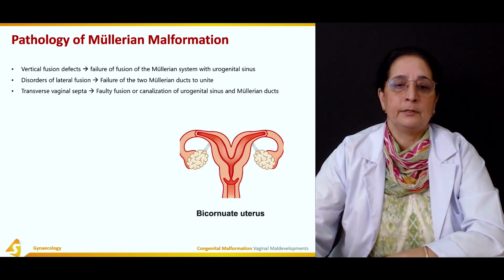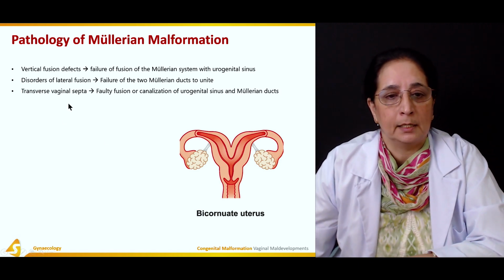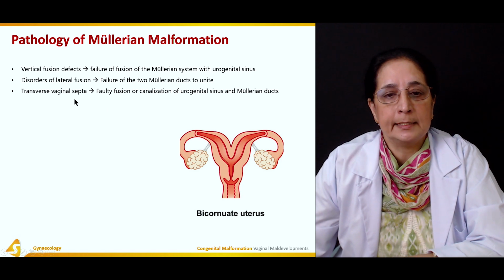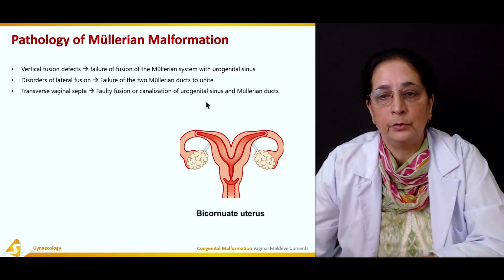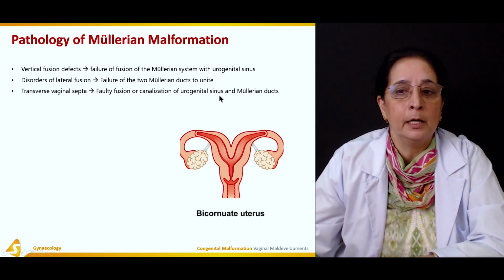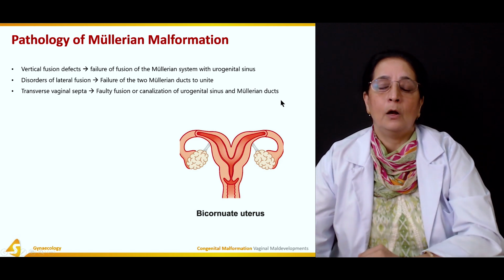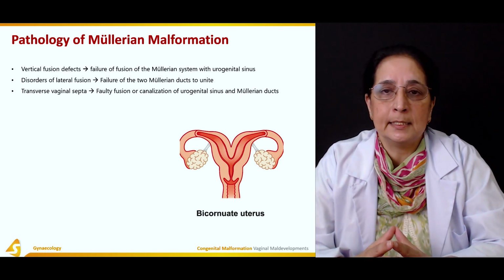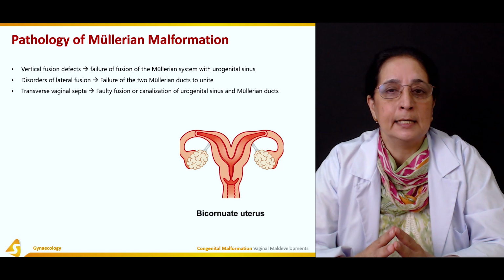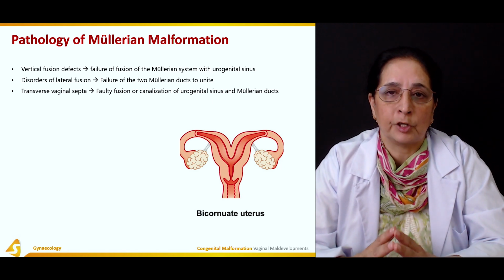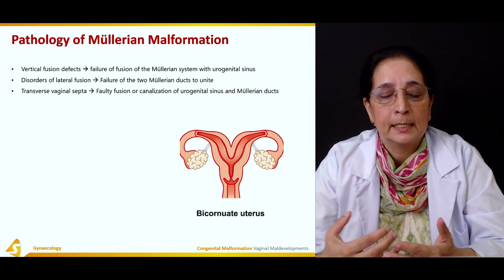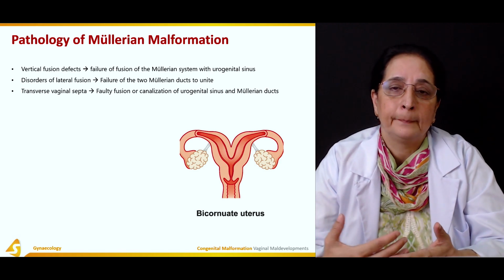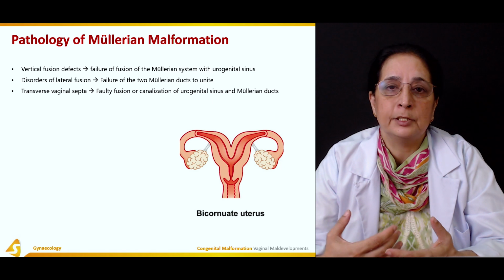Then the transverse vaginal septa. Transverse vaginal septa is due to faulty fusion or canalization of the urogenital sinus and Mullerian duct. All these Mullerian system and urogenital structures develop during the embryonic period into the female genital structures.